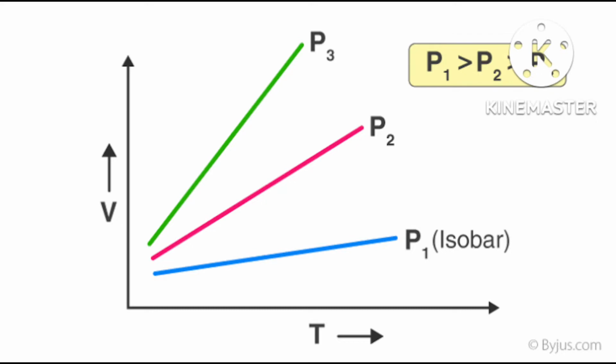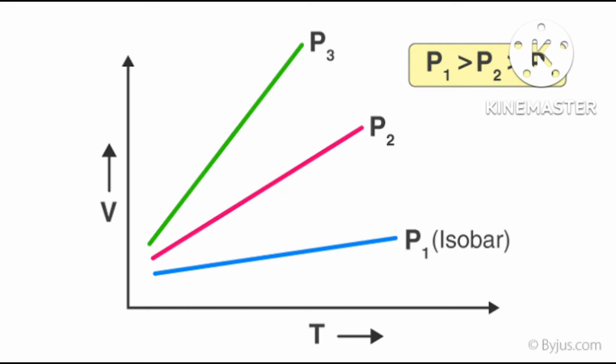According to his research work, Charles found that for each degree rise in temperature, volume of a gas increases by 1/273.15 of the original volume of the gas at 0 degree centigrade.